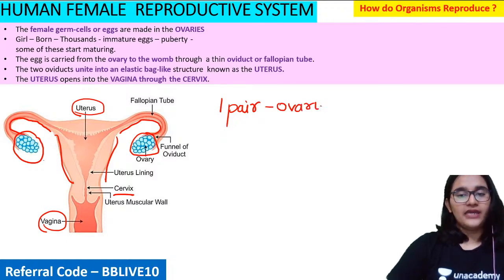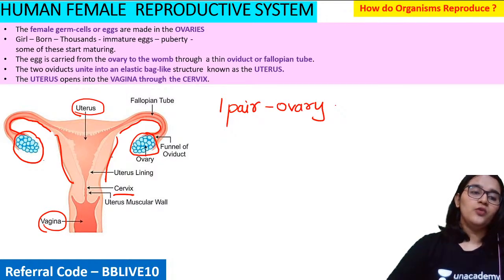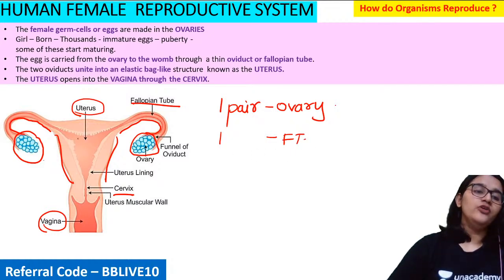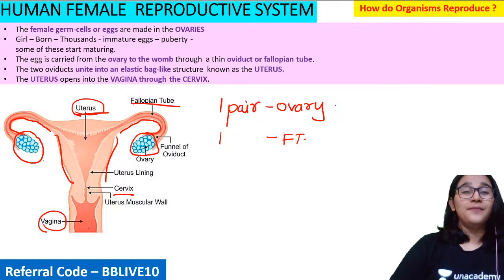Then I have one fallopian tube over here, one fallopian tube on the other side, so another pair of fallopian tubes. Both of them come to this bag-like structure called the uterus. So I have one uterus, a cervix and an opening called the vagina. This is how a female reproductive system is made.